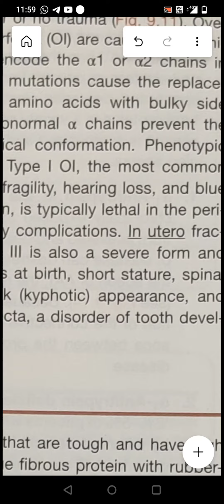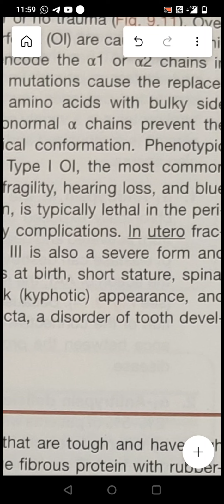They have short stature, spinal curvature, a humped back, a kyphotic appearance, and blue sclera. And this typically is due to either type 1 or type 3. Type 1 is most common, characterized by bone fragility, hearing loss, blue sclera. Type 2 is most severe, typically lethal. So there are 3 types.